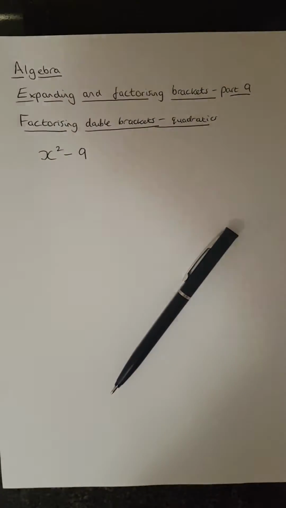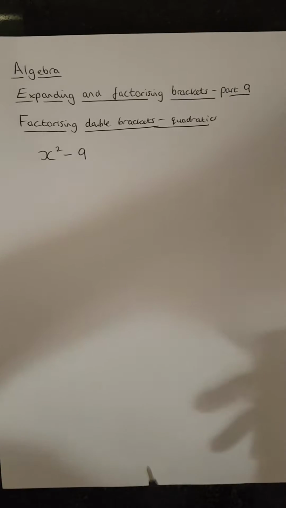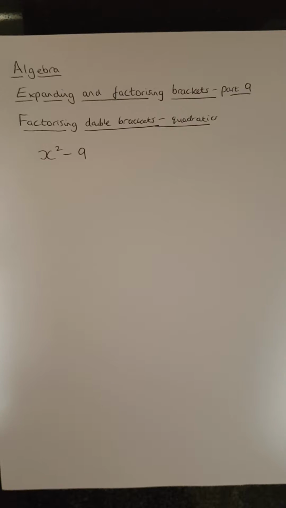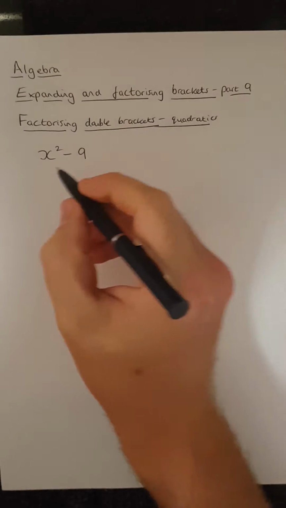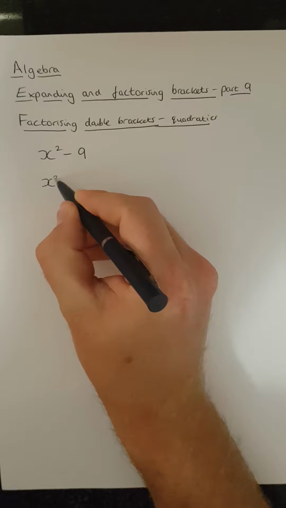So, in part 8 we looked at factorising quadratic expressions. And I left you with this puzzle. So how does this expression factorise? Well, let me give you a clue.